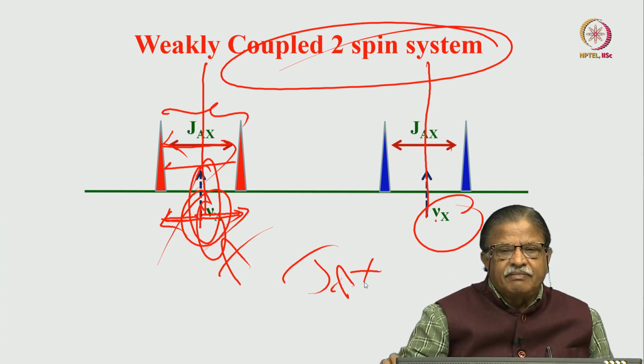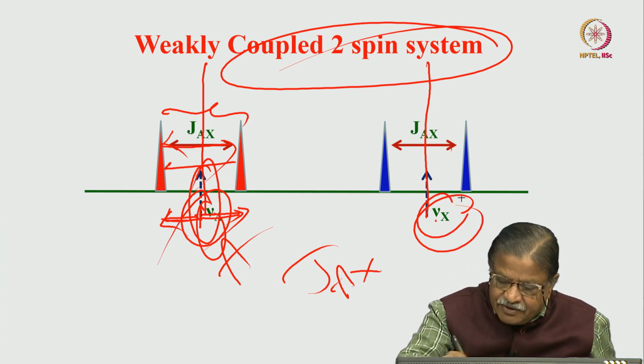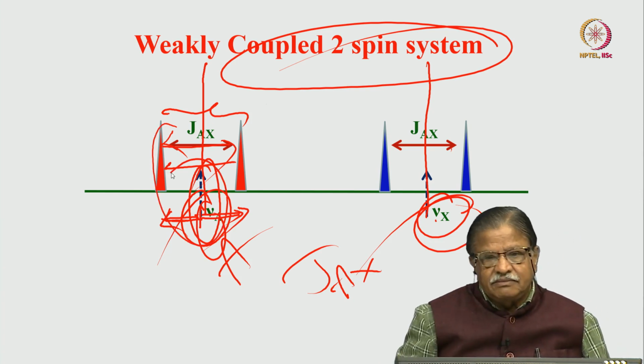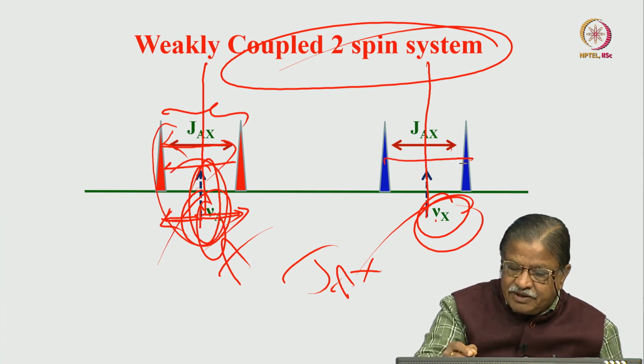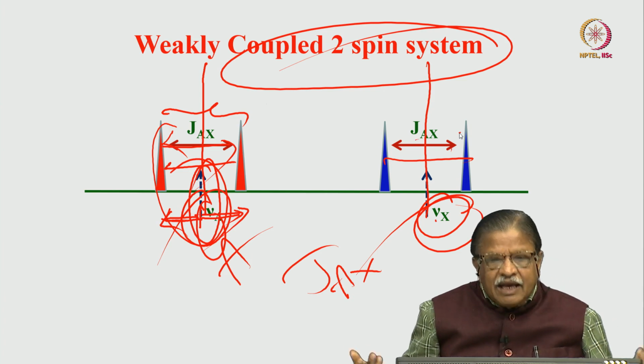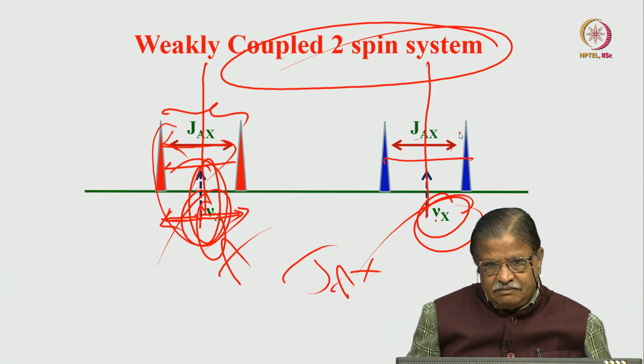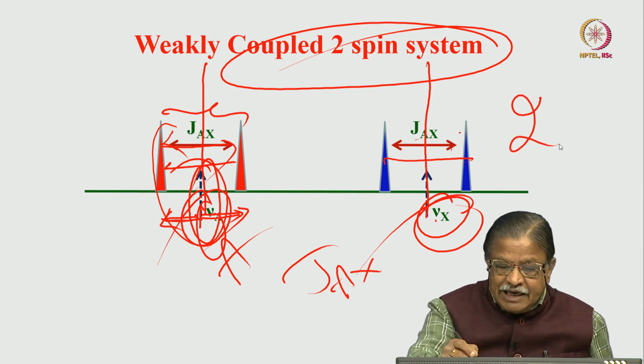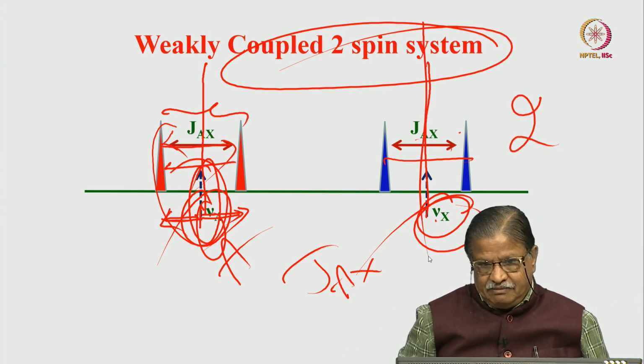Similarly, proton X will become a doublet because of proton A. Measure the separation, this is JAX, exactly the same, identical. So, when two protons are coupled, each proton will be a doublet.